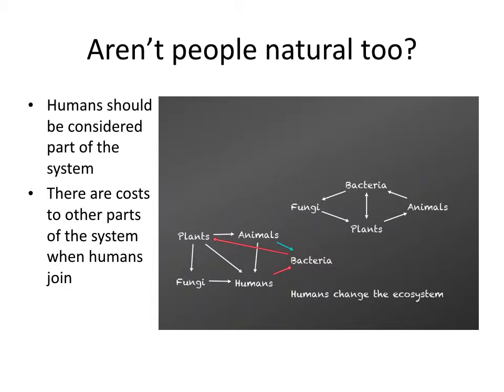And although there are some important distinctions to make in terms of how we modify or impact the environment, in that we have a high degree of choice over how we do that, it is important to consider ourselves as being part of the ecosystem. Otherwise, we're going to lose important understanding of how that ecosystem is functioning.